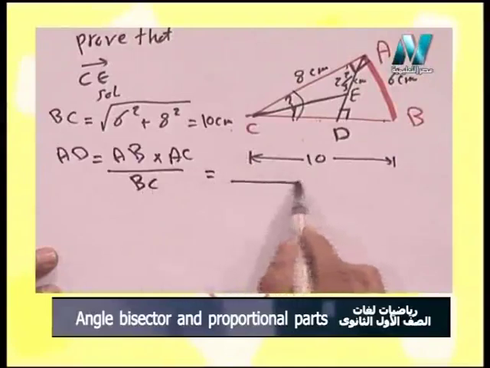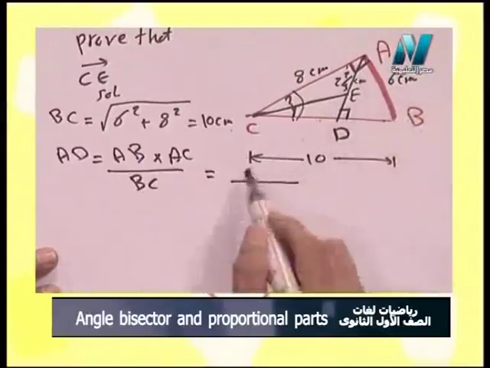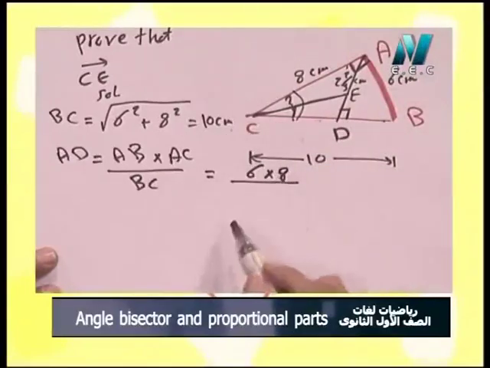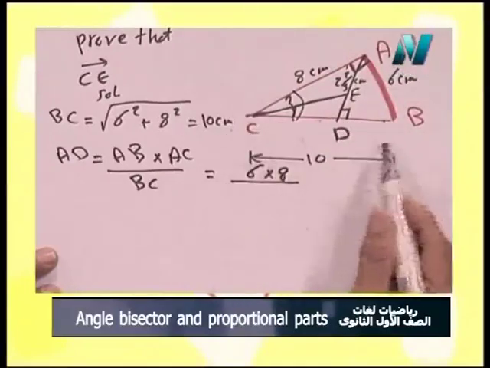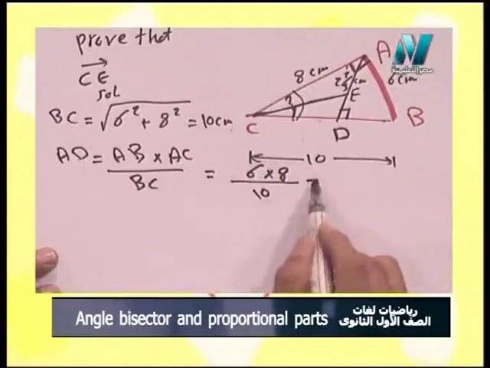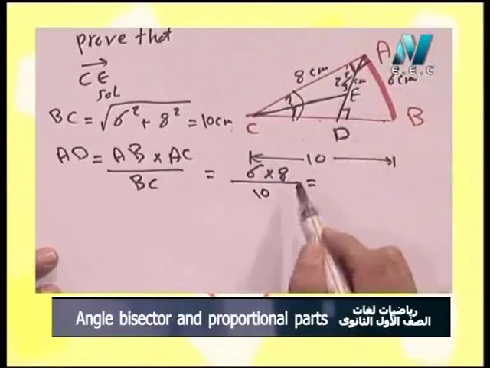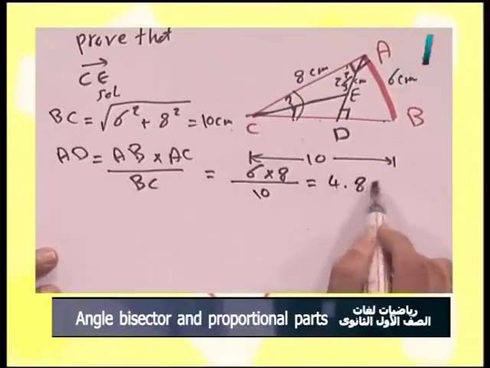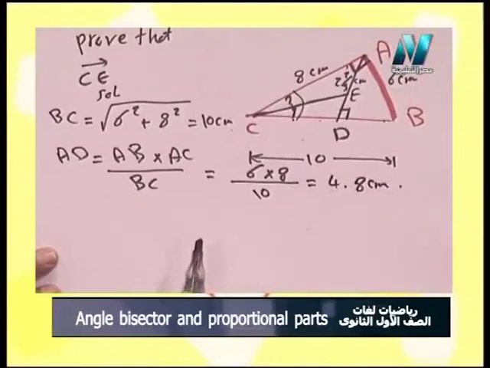So AB equals 6 centimeters multiplied by AC, which is 8 centimeters, over BC, which we have found is 10 centimeters. So the length of AD, by calculating, is 4.8 centimeters. Okay?